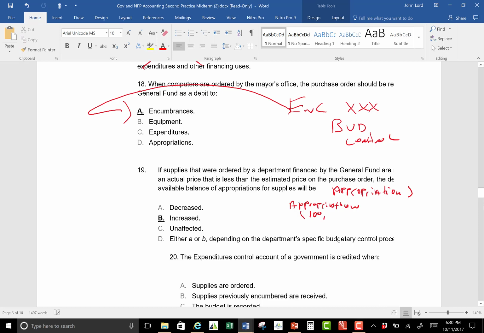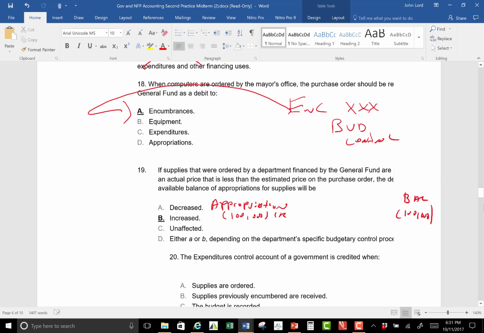Say for 100,000. The appropriation is a credit, so the balance in this appropriations ledger will be a credit of 100,000, right?